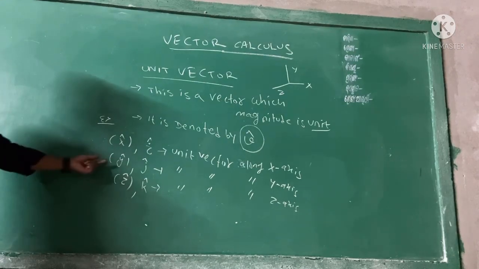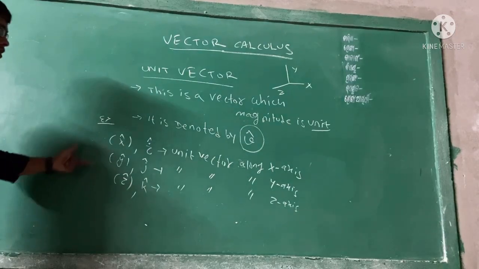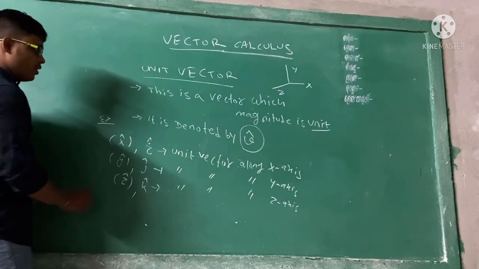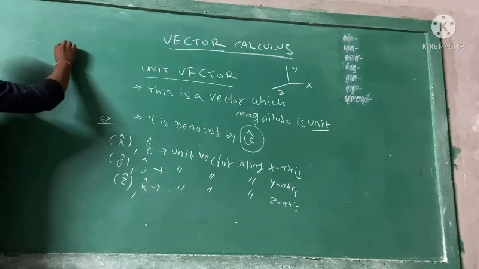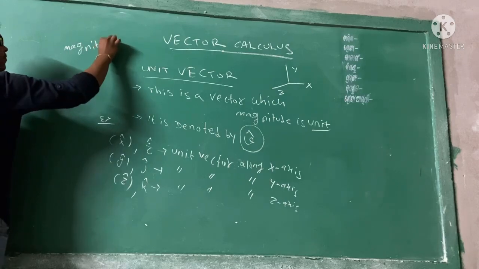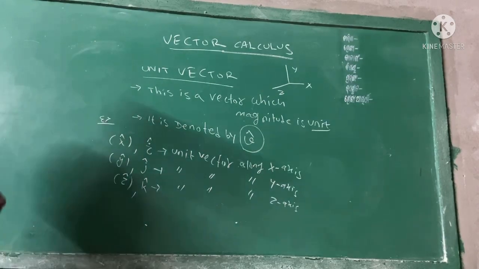If you remove the cap, then it will not be a vector, it will only be a magnitude. The vector representation, that is the arrow, we will discuss later. Don't remove the cap, because then it will be the magnitude. So these are the unit vectors. Remember what i cap, j cap, k cap are, and the magnitude.